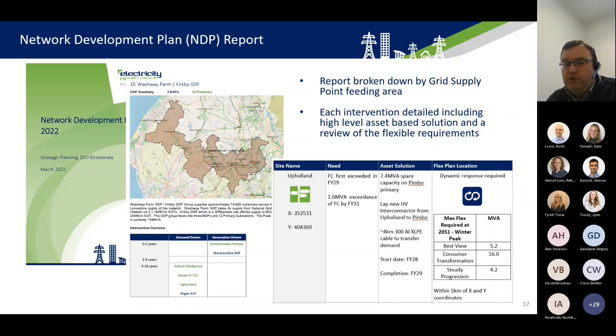So that map entry overview shows those feeding areas, and it picks out the specific sites within that area that require an intervention and the time frame that intervention is required from, and signposts back to our forecast data. These details include the need, when that need first occurs, how large that need is. We also include a very high level typical asset type solution that we've come up with in our design team, as well as that overview of the level of flex response required dependent on the specific scenario that we follow.